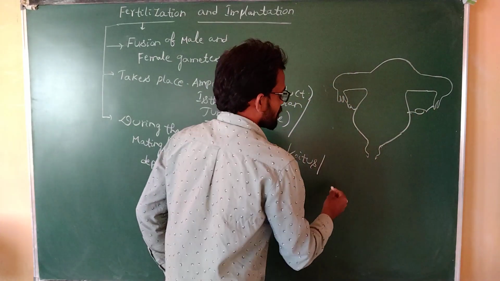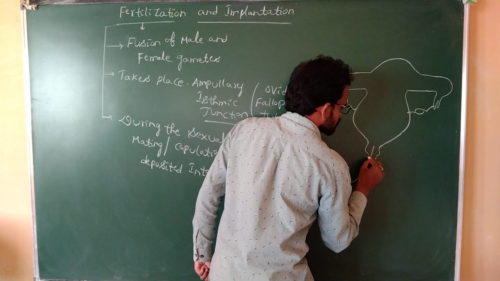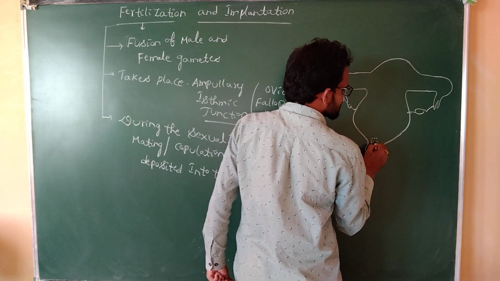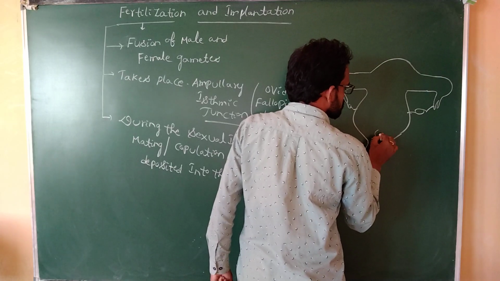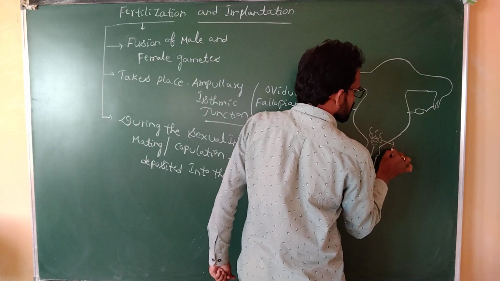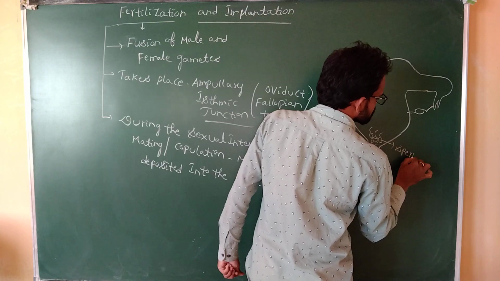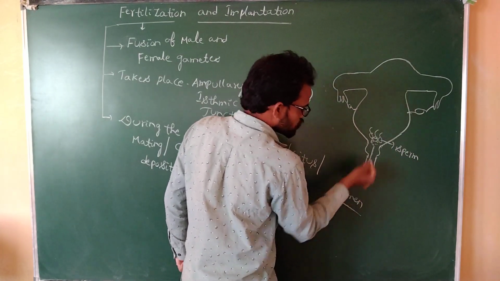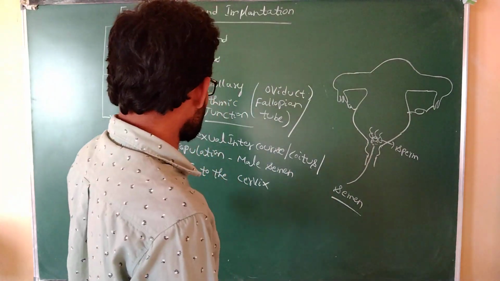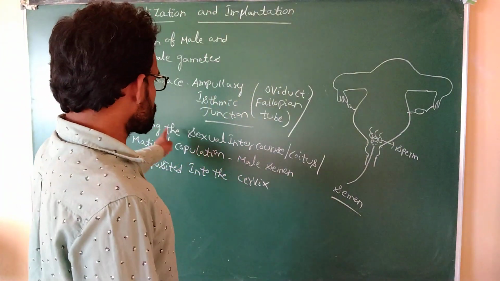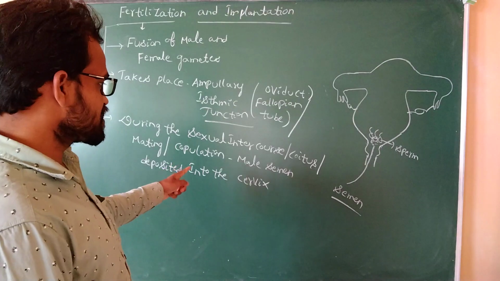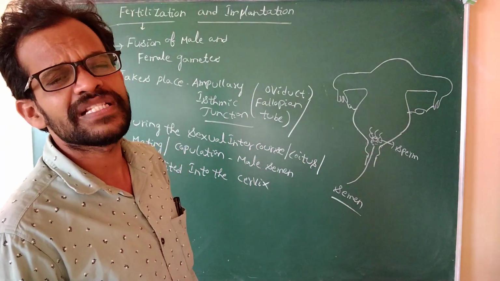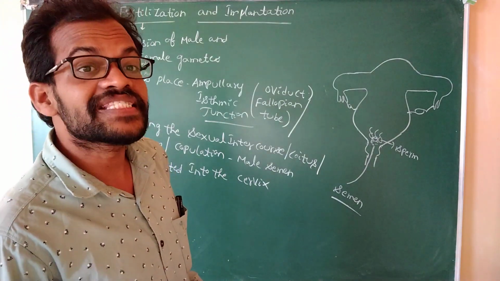The male semen is deposited into the vagina, from the vagina to the cervix, and from the cervix to the uterus. The semen inserted into the female genital tract during the mating process is nothing but spermatozoa, sperm cells, and seminal fluid.